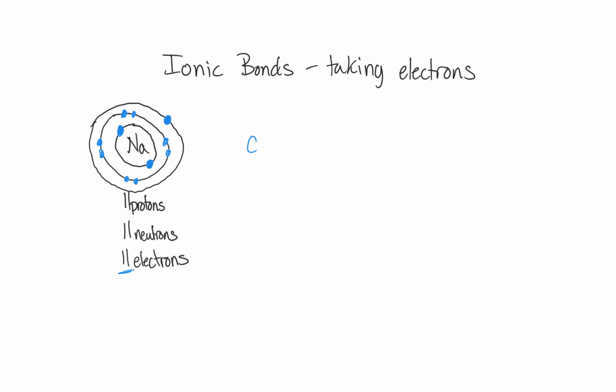And then on the other side here, we can draw chlorine. Chlorine has 17 protons. It has usually either 18 or 19 neutrons. Both are very common. And we'll have 17 electrons. So we'll draw our shells.